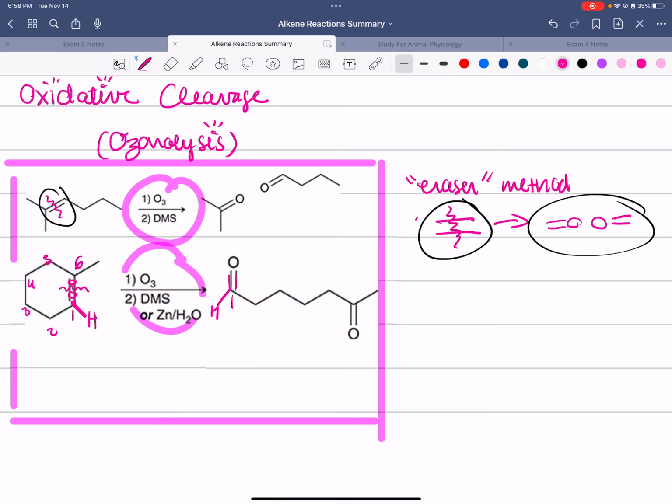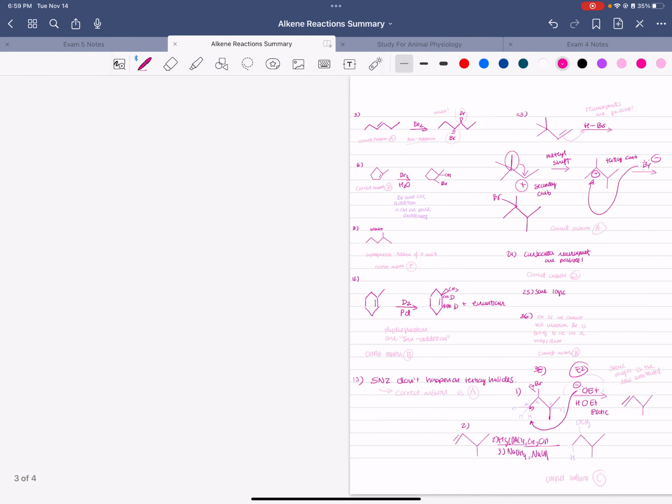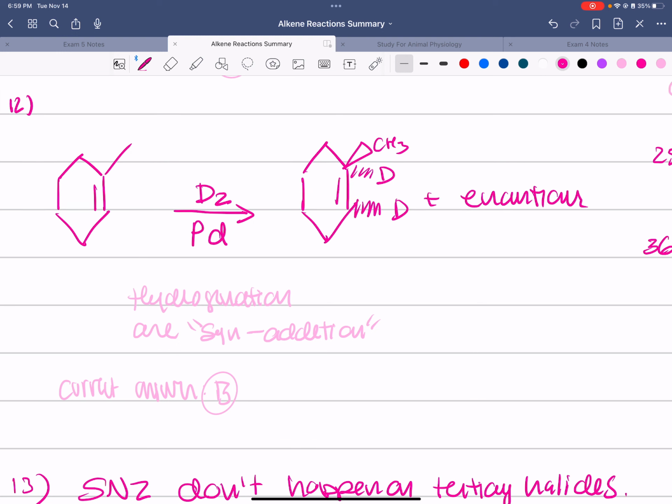So that is mainly everything we have to know for addition reactions. Some things to keep in mind: I did get a couple of questions from the review. Sometimes we're going to get variations of our reactions, like D2 Pd.